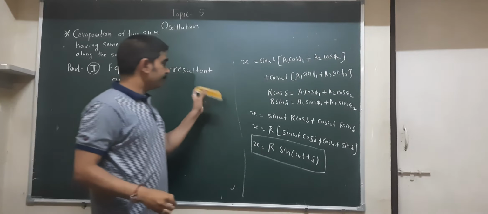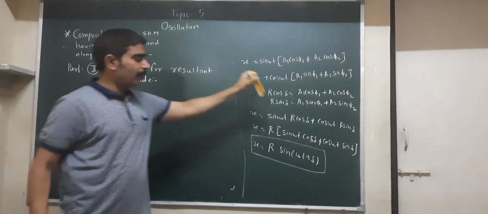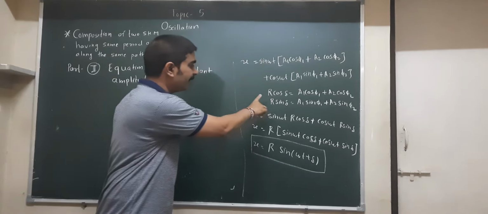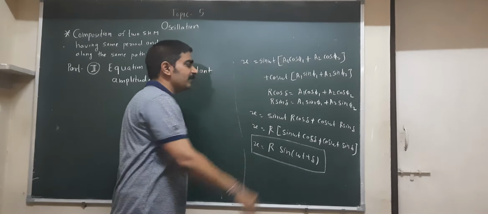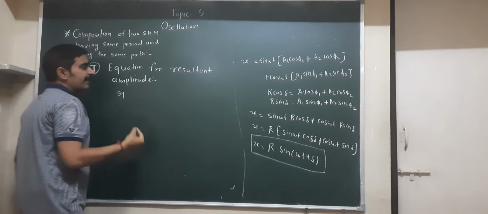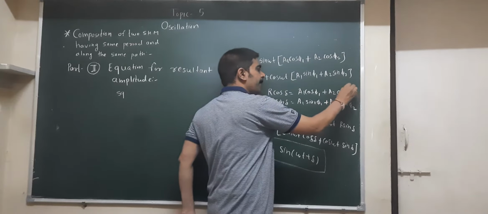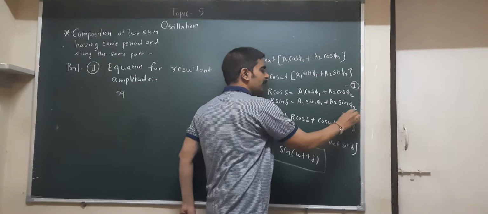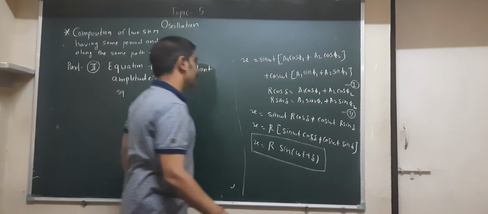So here this equation will depend on the part which we have derived, R sin delta and R cos delta. I am writing here, I can consider this as equation number 1 and this as equation number 2.